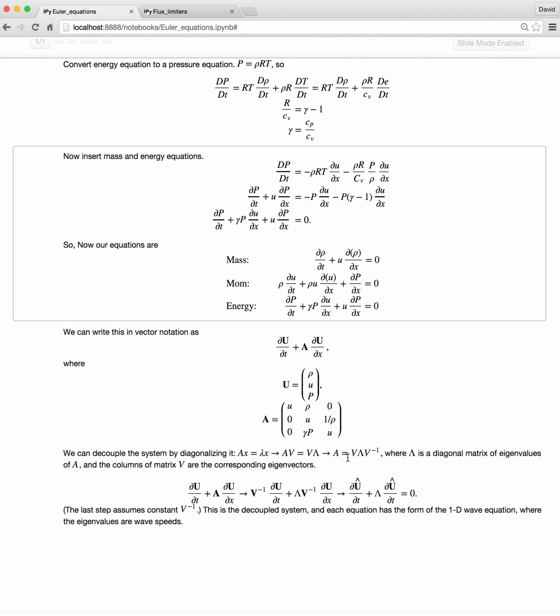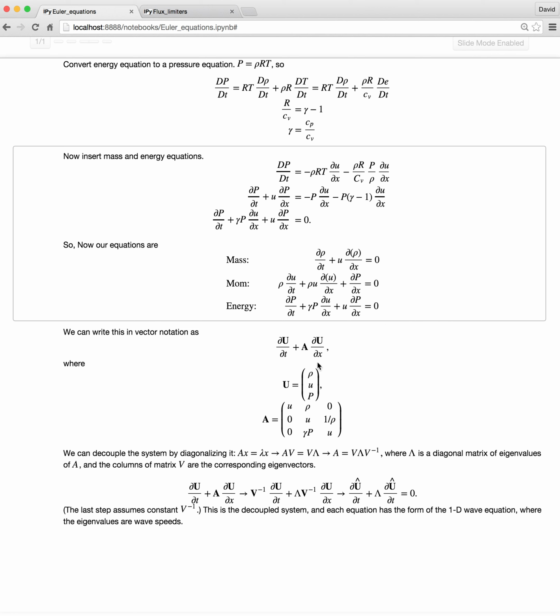So I guess we're multiplying on the right by V inverse, where lambda is a diagonal matrix of the eigenvalues. Here, the columns of the V matrix would be the eigenvectors of A, and the corresponding eigenvalues are on the diagonal of this diagonal matrix, capital lambda.